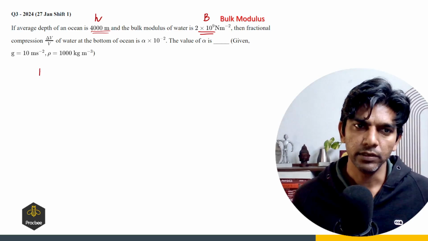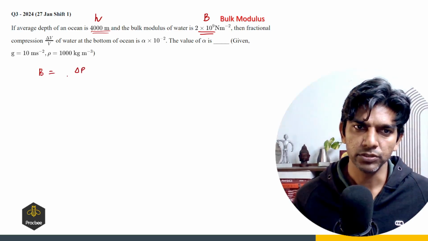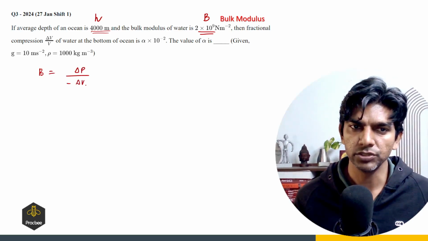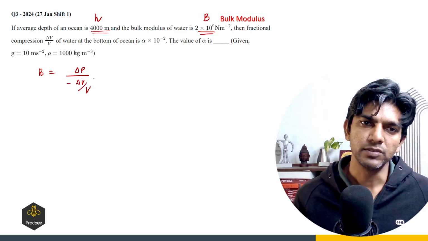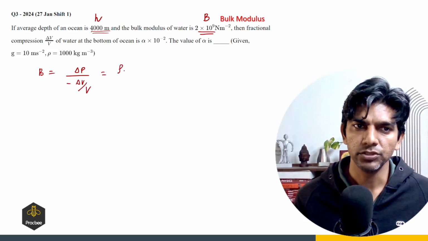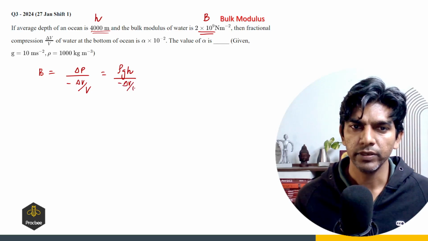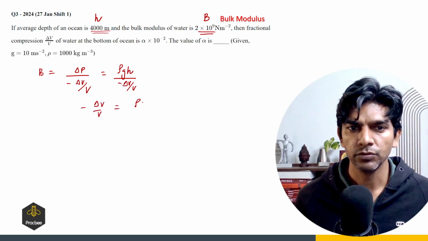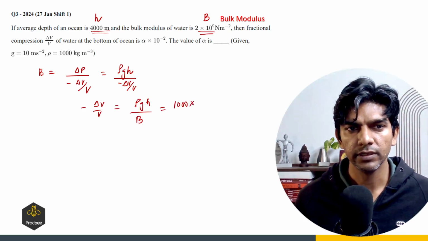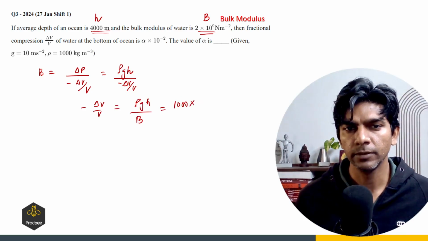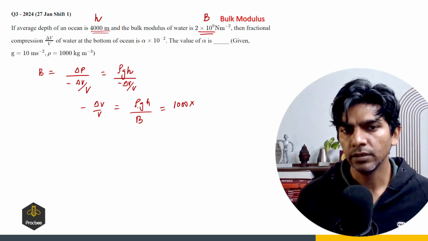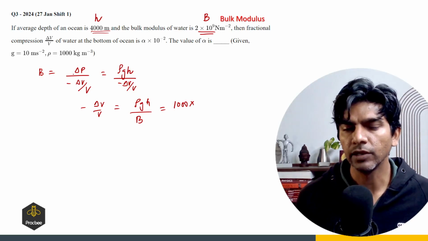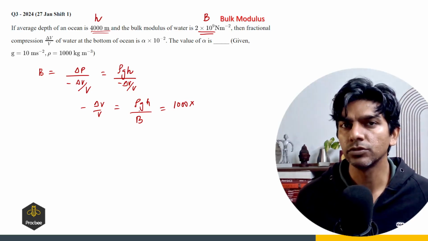So we know that bulk modulus is defined as the excess pressure divided by the fractional change in the volume. So excess pressure in this case will be rho gh, divided by minus delta V by V, and we have to find delta V by V, right? Compression. So rho gh divided by B. So density is given as 1000 and G. I'm assuming there will be a change in the density, but to calculate the excess pressure, we can assume density to be constant.